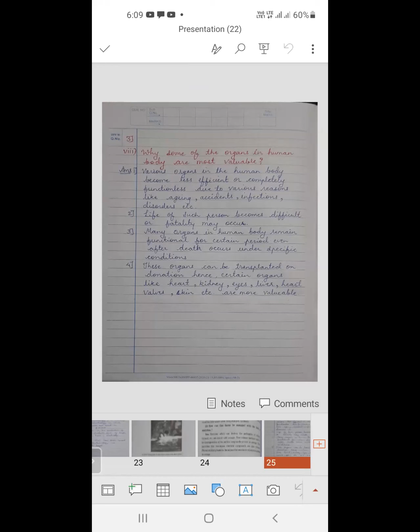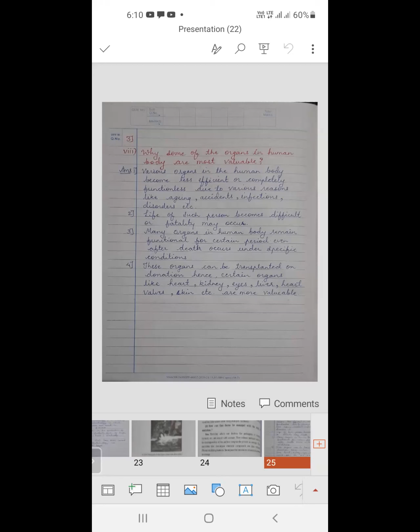First, various organs in the human body become less efficient or completely functionless due to various reasons like aging, accidents, infections, disorders, etc. Second point, the life of such a person becomes difficult or fatality may occur.